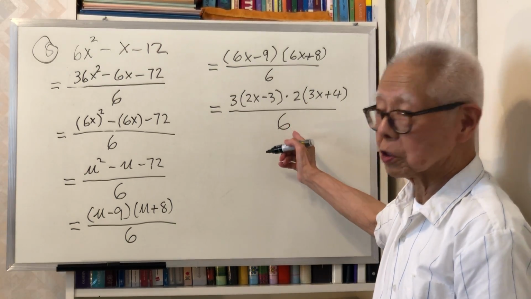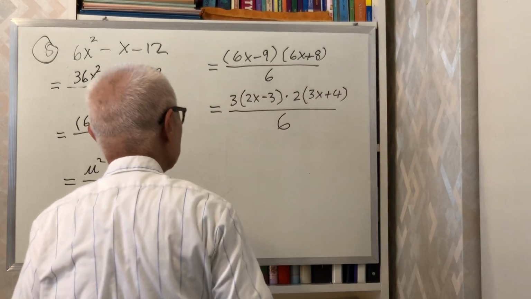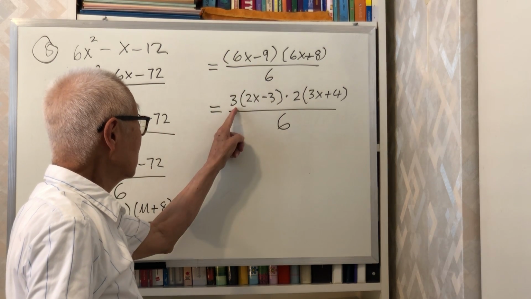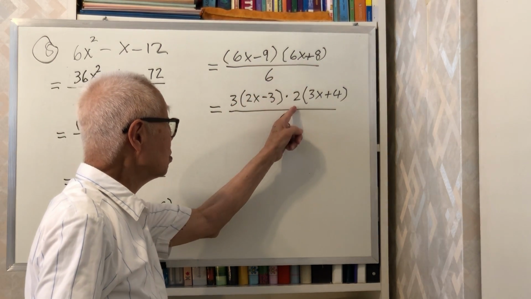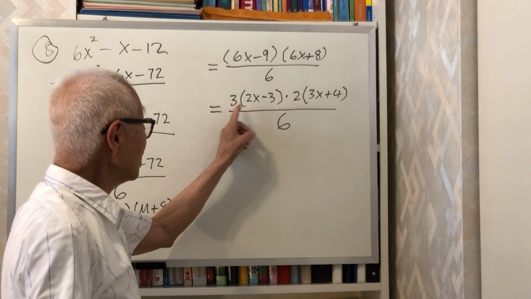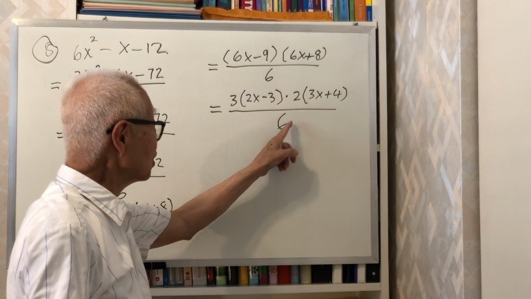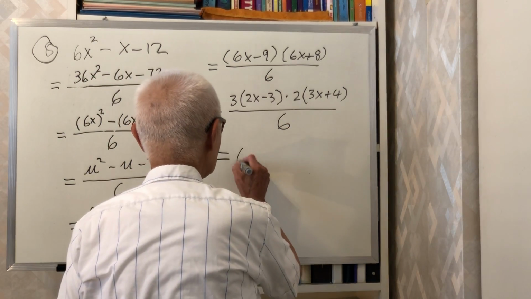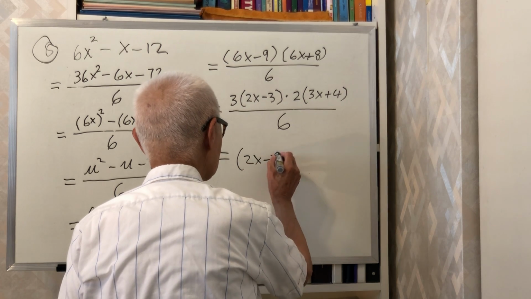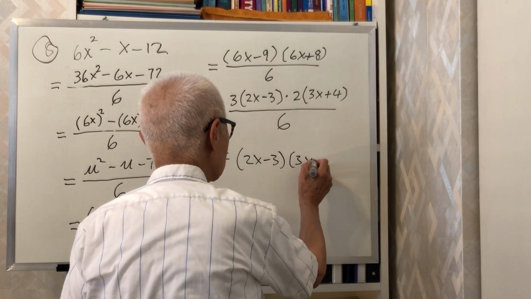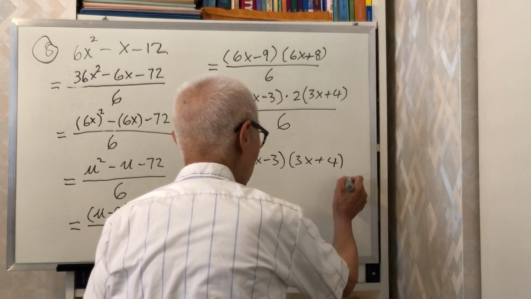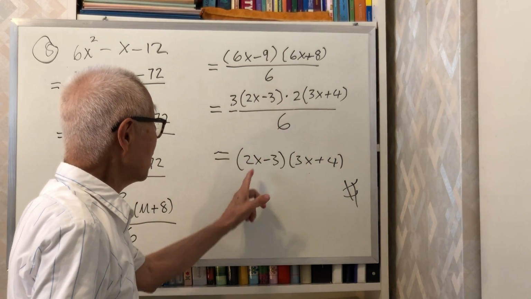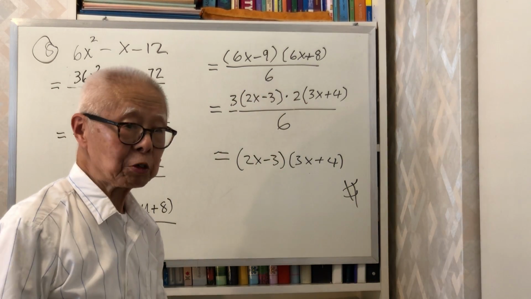Do you see this? Do you follow this? Factor out 3, factor out 2. Now you see 3 times 2 is 6, which cancels the 6 at the bottom. Therefore, the final result, that's our final result. Okay? 3 times 2 cancels the 6 here, so this is our final result.